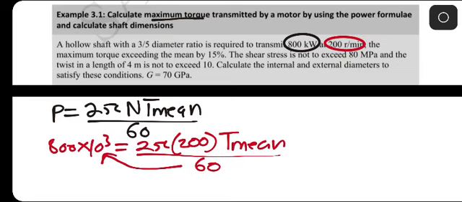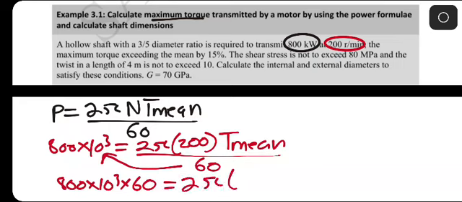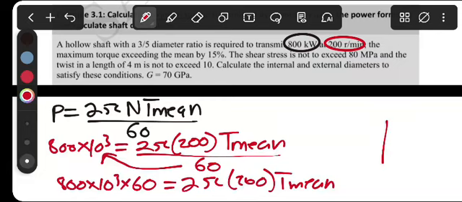So multiplying, that will be 8 times 10 to the power of 5 multiplied by 60 equals 2 pi times 200 multiplied by T mean. This is what we have.